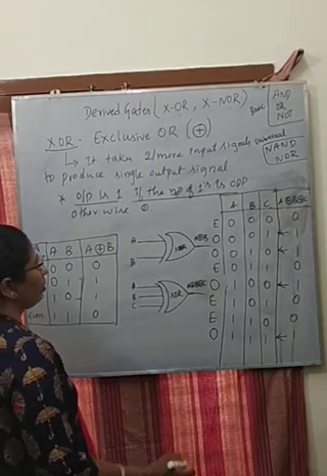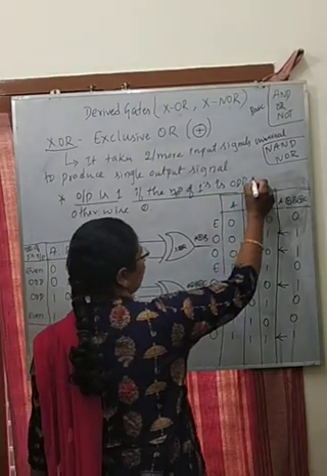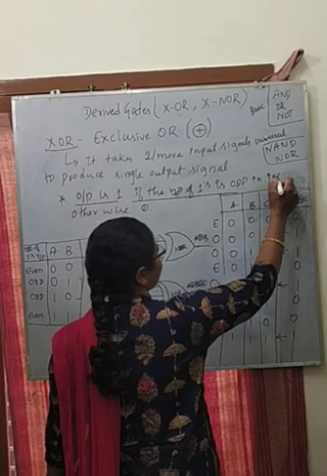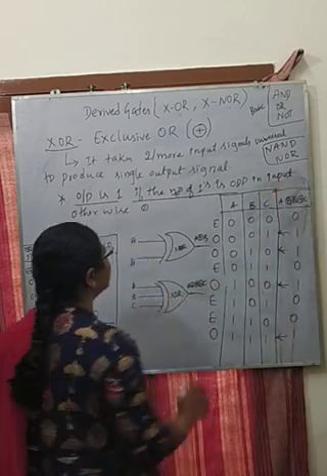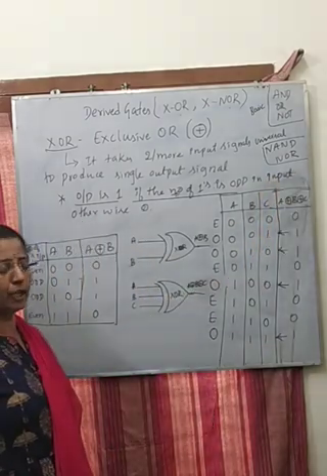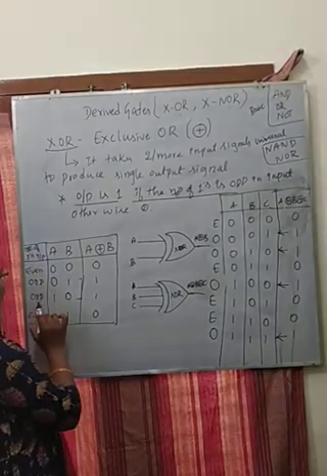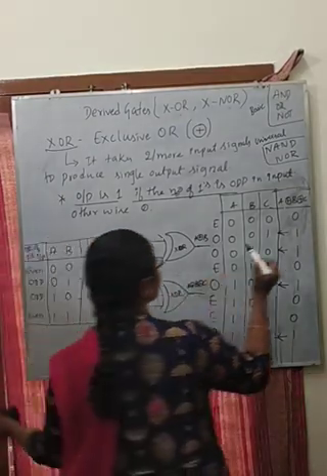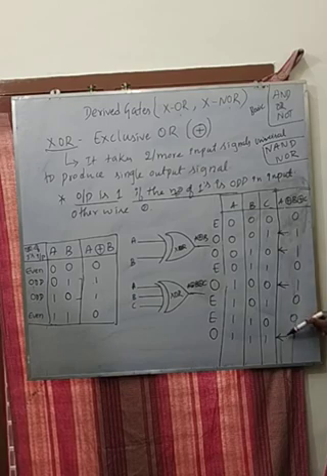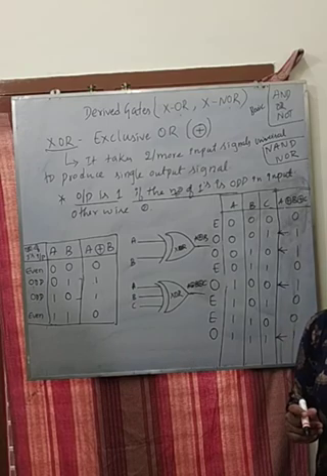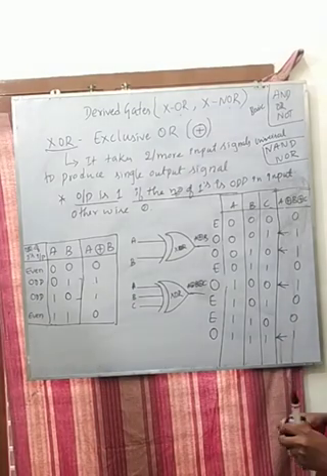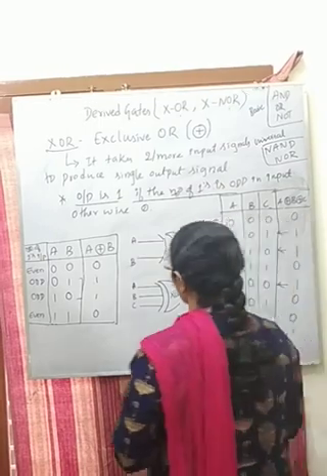Otherwise, the output is 0. See here, odd numbers of ones are there, hence it is 1. Here also odd, hence it is 1. Hope you understood. So we'll continue with the XOR.